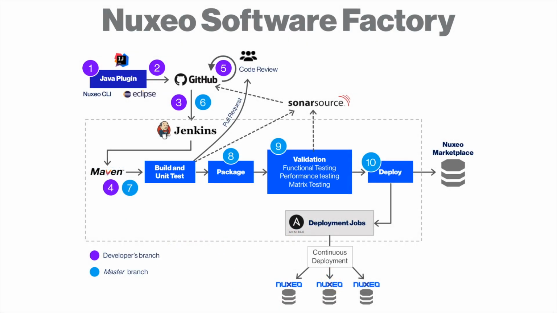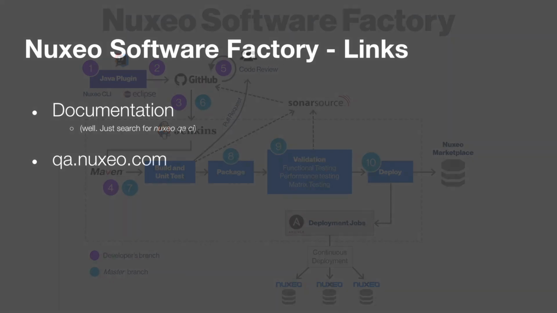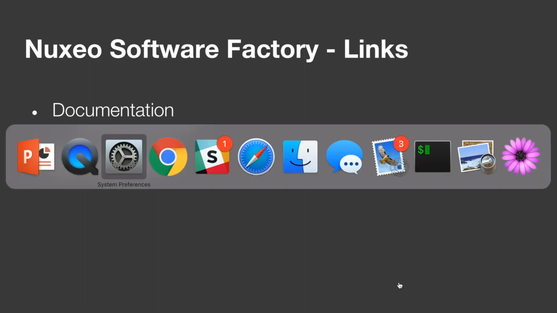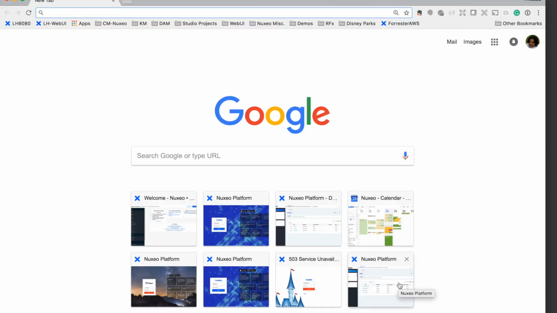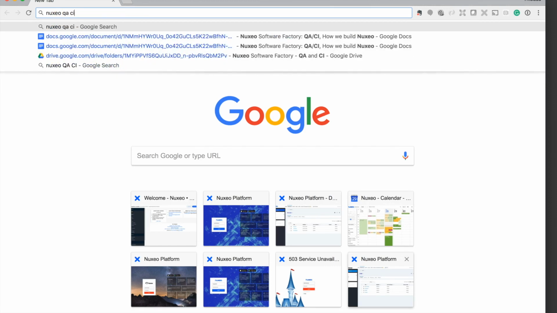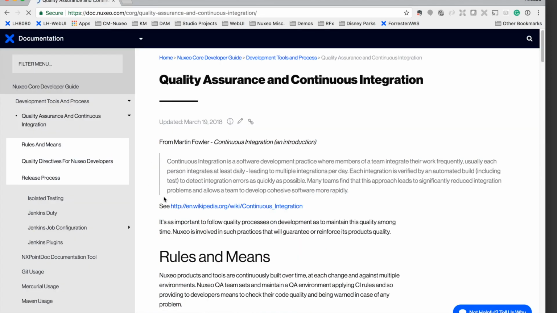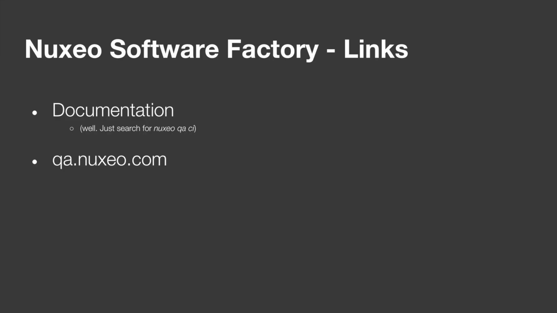So this was really an overview. Modify a plugin, push on GitHub, and all the rest is automatic. Jenkins pulls, Maven builds, unit test, deploy. If you want more details, you can just go to the documentation because we describe everything. So if you go to Nuxeo QA CI, you will find the documentation that describes everything, basically that describes the process I just quickly summarized.